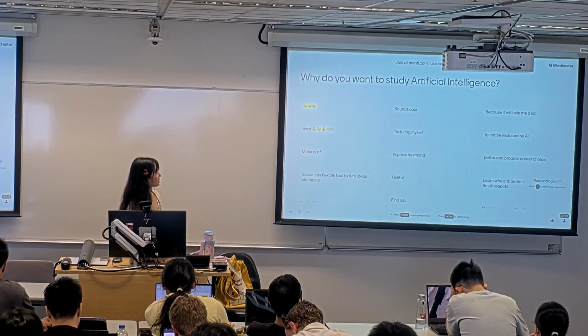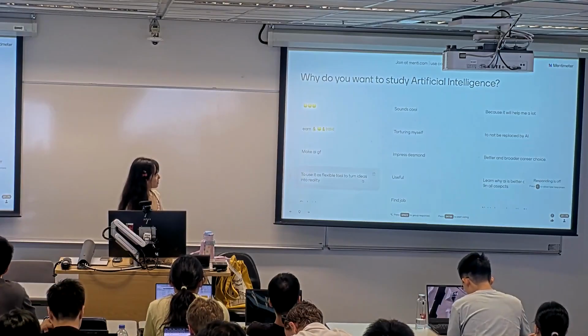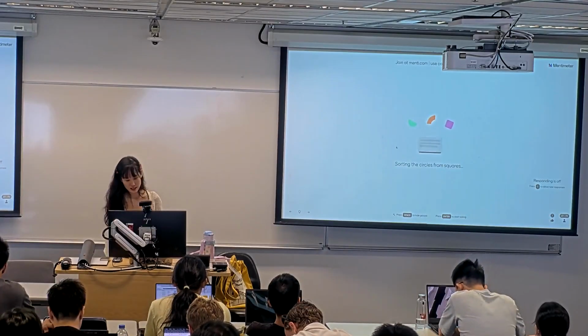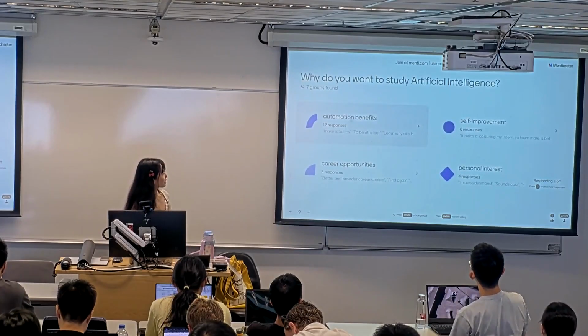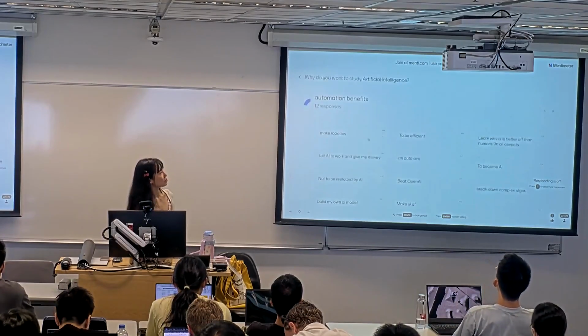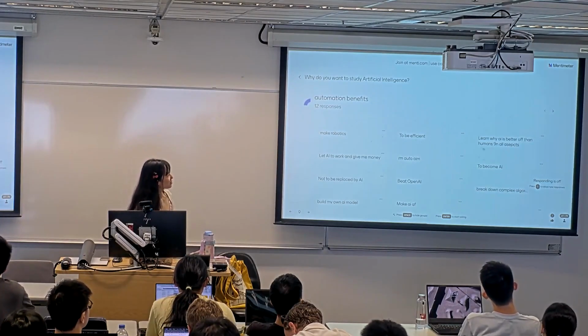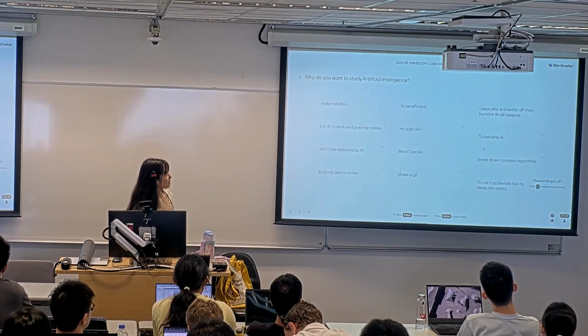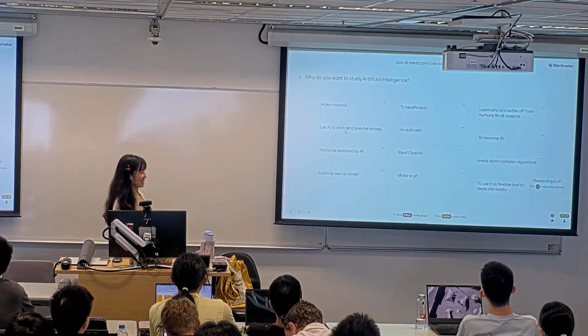Okay, let's see the grouping. Okay, automation benefits. Oh, make robotics. Yes, very good. To be efficient, learn why AI is better off than human in all aspects. Let AI work and give me money.